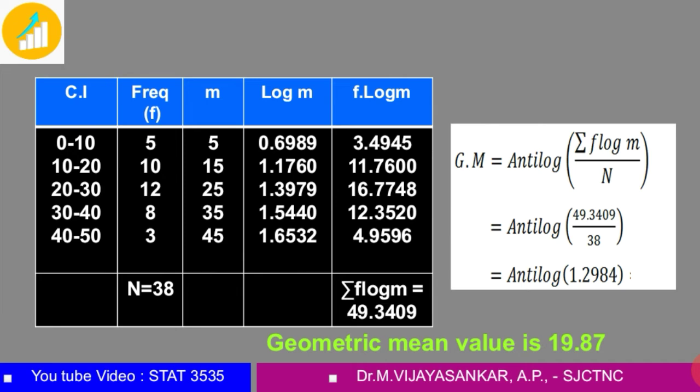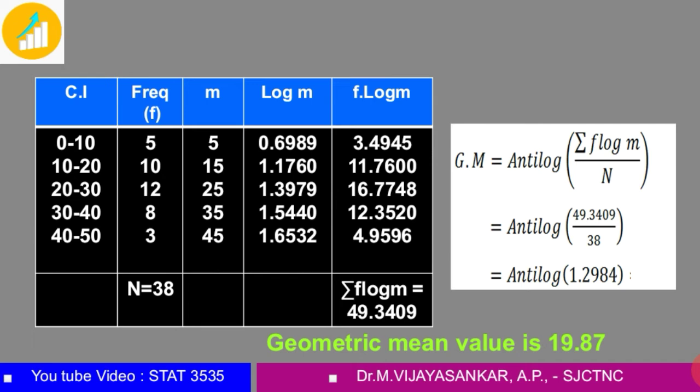Finally, we are going to multiply the log m values with the frequency, because our numerator formula is summation of f into log m. That is, f value is 5 and log m value is 0.6989.